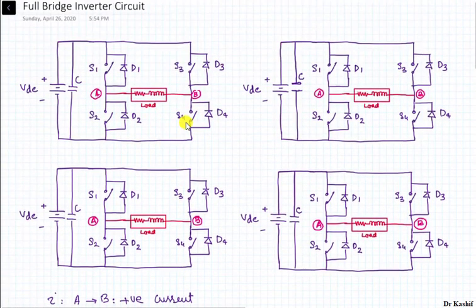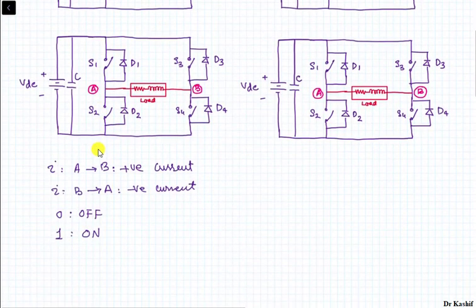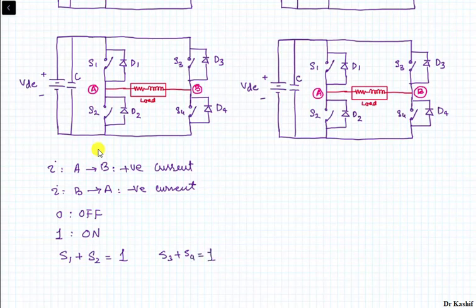So in this arm S1 and S2, the Boolean equation will be S1 plus S2 is equal to 1. It means one switch can be turned on at any instant of time. So I am going to write down that equation, S1 plus S2 will be equal to 1. And similarly for the second arm of the switches, I can write S3 plus S4 will be equal to 1.